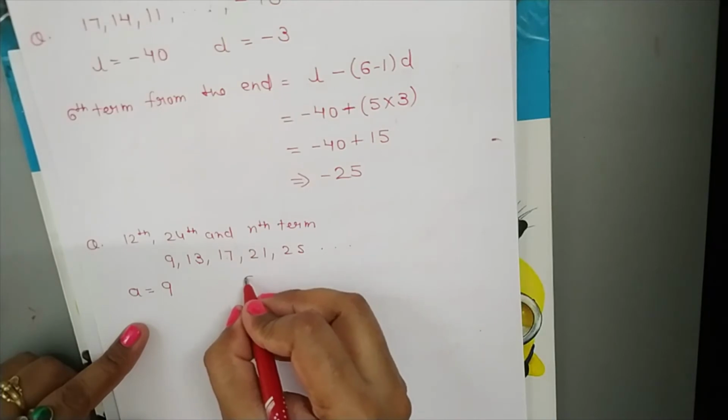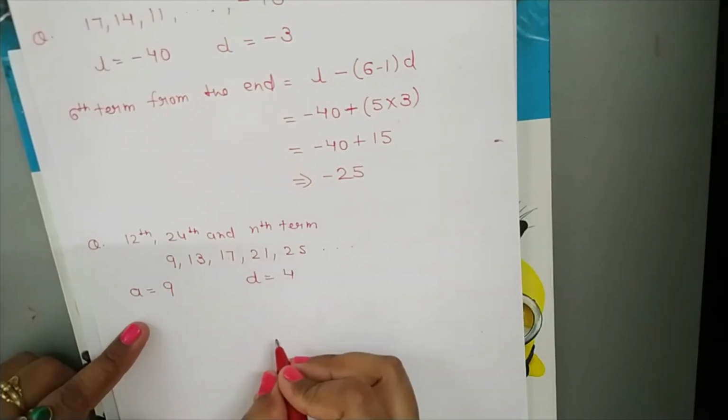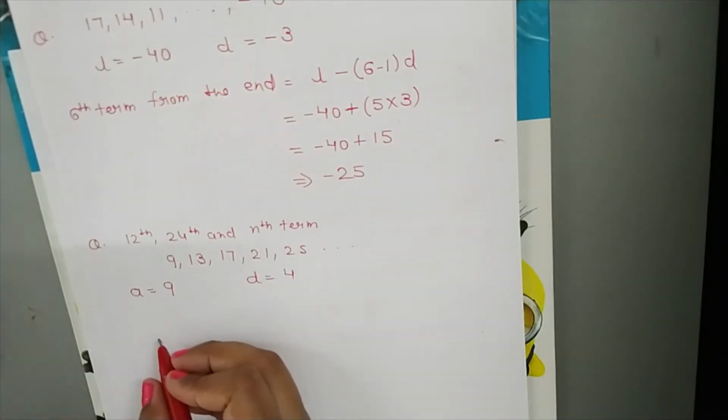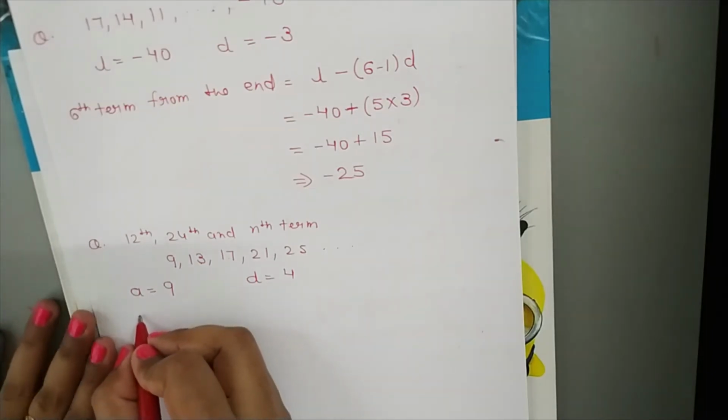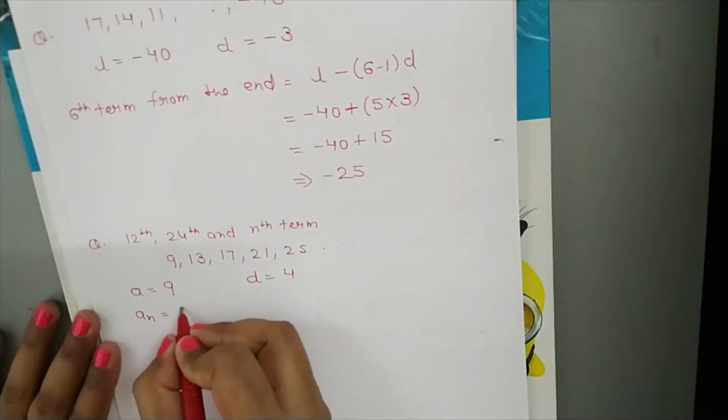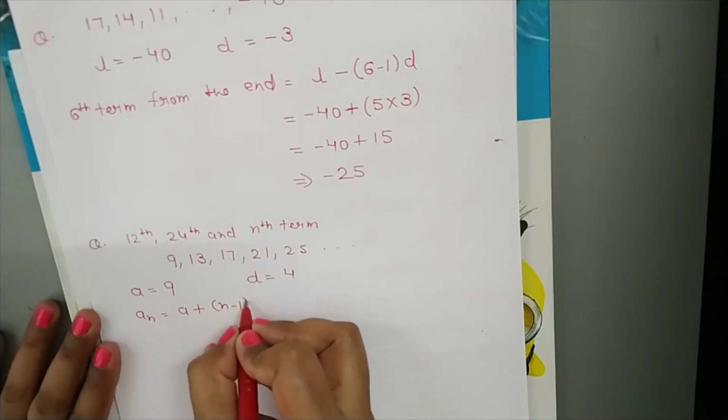So common difference d is 4. First we write the general formula: an = a + (n - 1)d.